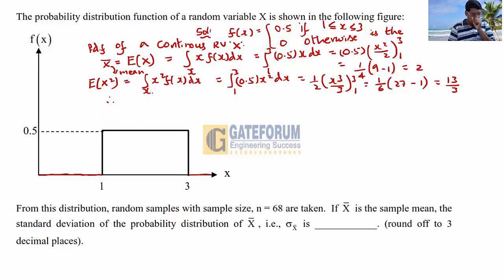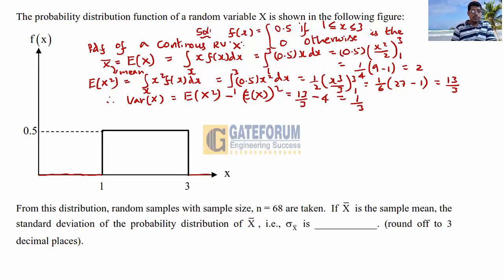Therefore, the variance of x is equal to the expected value of x square minus the expectation of x, whole square. So this is 13 by 3 minus 4, which simplifies to 1 by 3.